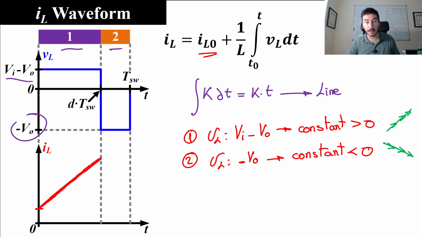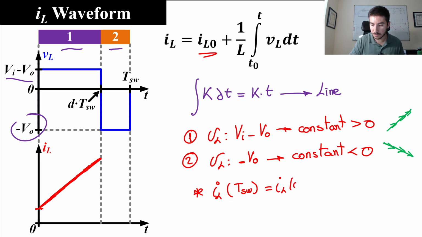In the second state, we have a line with a negative slope, but we don't know where we have to finish. No, yes, we know where to finish, because if you remember, we are in a steady state. Our waveforms are periodic, so we have to take into account that the current at the end of the period must be equal to the current at the beginning of the period.